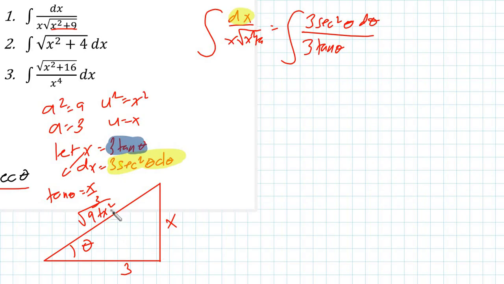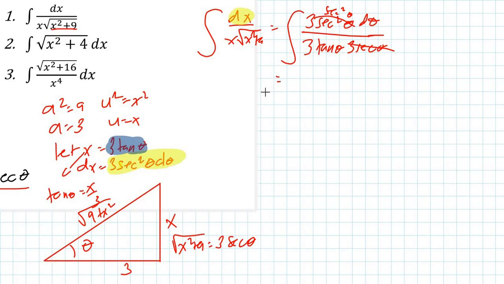That's not written here, but the square root of x squared plus 9 would be 3 secant theta. So let's write that down. The square root of x squared plus 9 is equal to 3 secant theta. And we need to write it here also, 3 secant theta. So we can cancel 3 secant squared and 3 secant, leaving secant squared remaining on top.